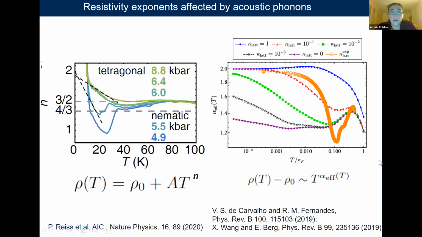Now, if we have this coupling with the lattice, then we potentially will also be affected in the transport behavior. Theoretical studies by Rafael Fernandes' group show the resistivity exponent, which is here alpha, versus the Fermi energy and versus the temperature scale.